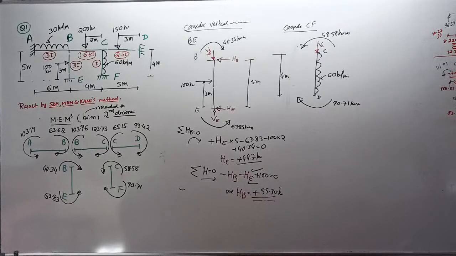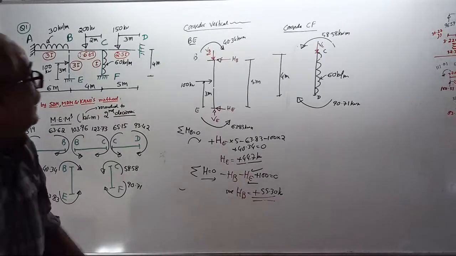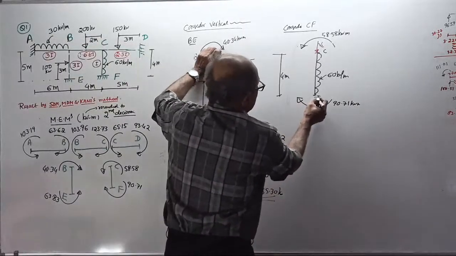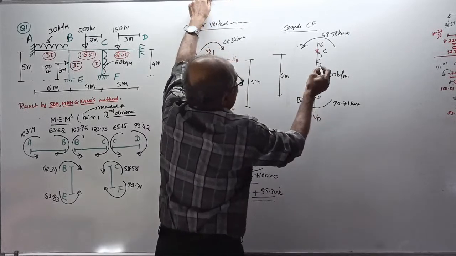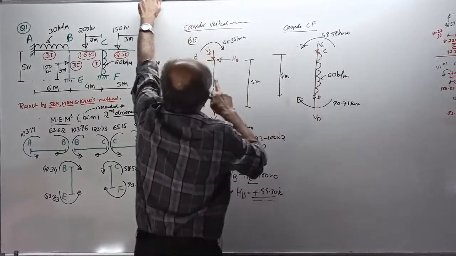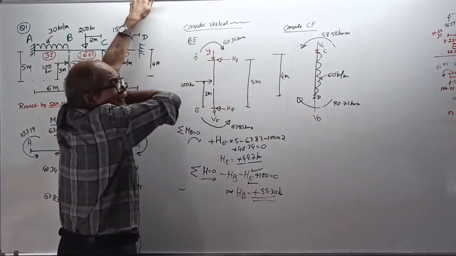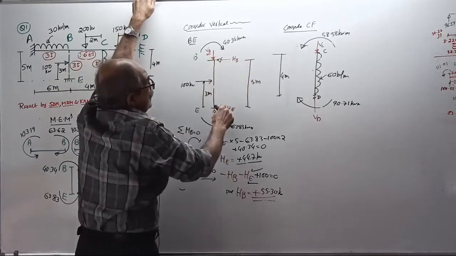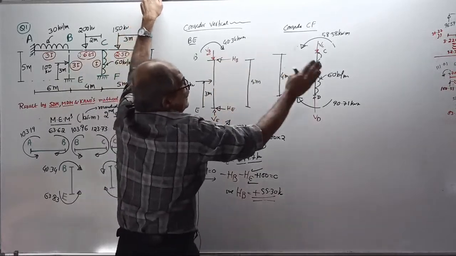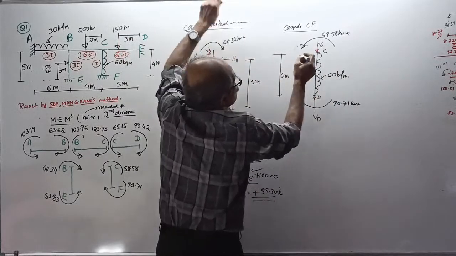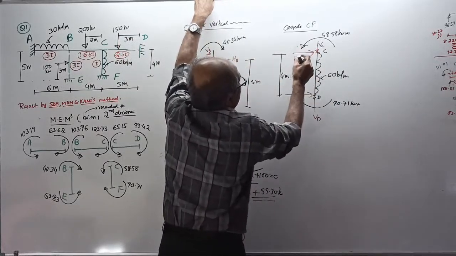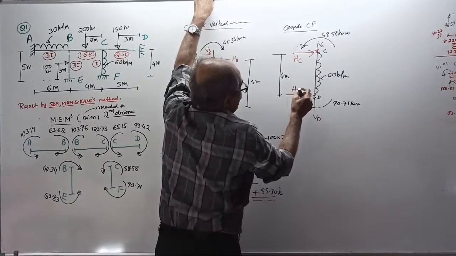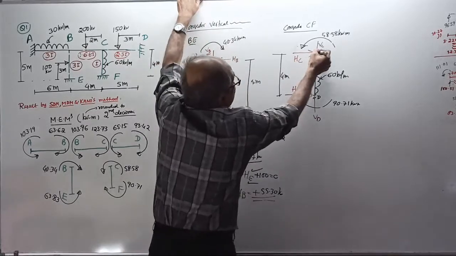And there is the same vertical reaction here, VD, not required for us. And then horizontal reaction. See now, in this member, load is acting this way. I assumed reaction like this. Here load is acting this way, so we'll assume reaction opposite to loading, HC and HD. Okay, start. Take moment about C.